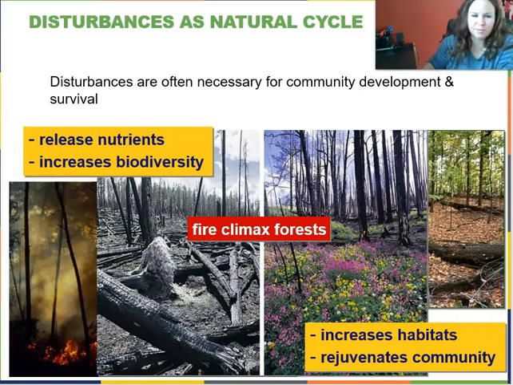But sometimes disturbances are often necessary for community development and survival because burning will release nutrients that are tied up in some of the dead stuff and will then eventually create more biodiversity, such as fire climax forests. Before the burning happens and then after the burn, it rejuvenates the community.